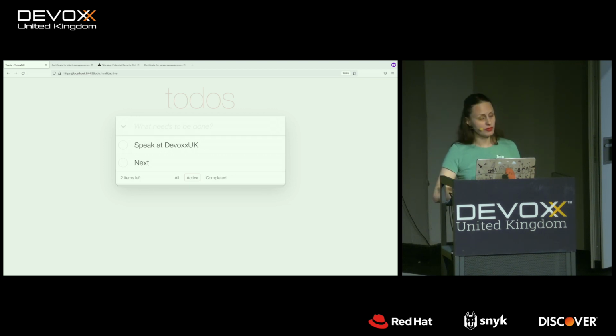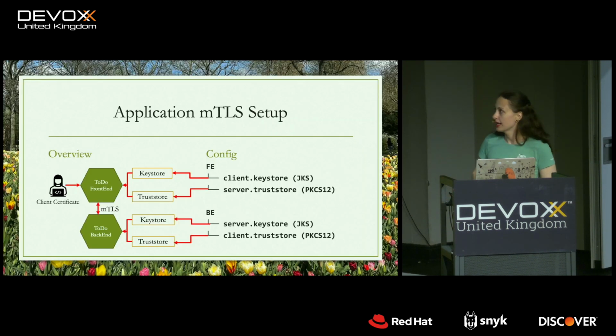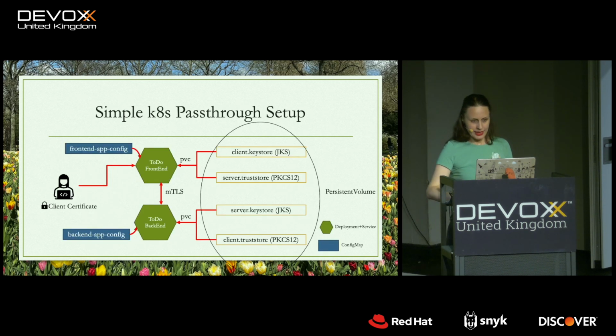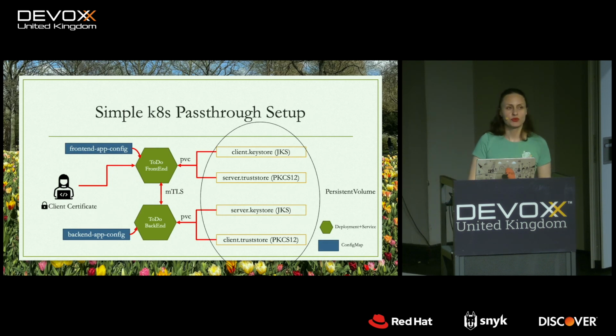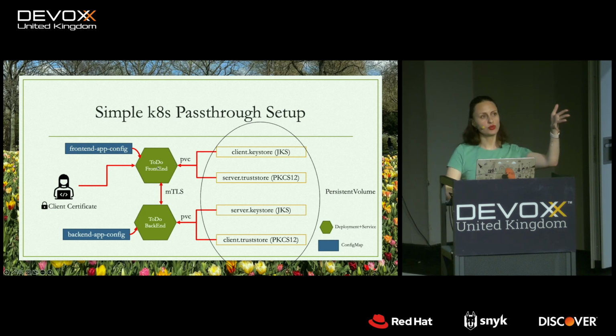However, if I want to move this to Kubernetes and have it deployed nicely, the simple K8s pass-through that I imagined would look like this. So it would be my to-do front end having a deployment resource with a service, and to-do back end with a deployment resource and the service associated to it, maybe an ingress before that.